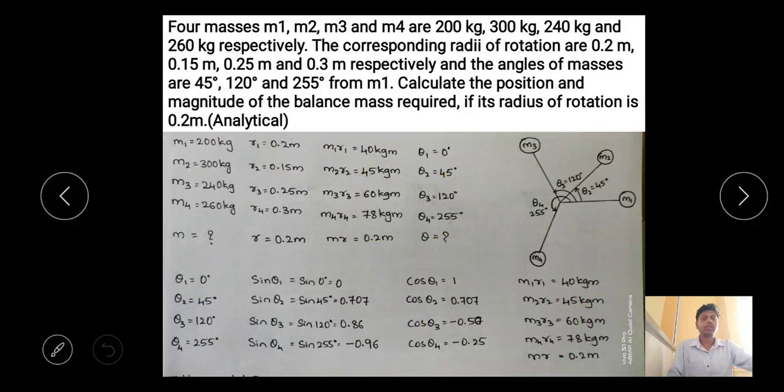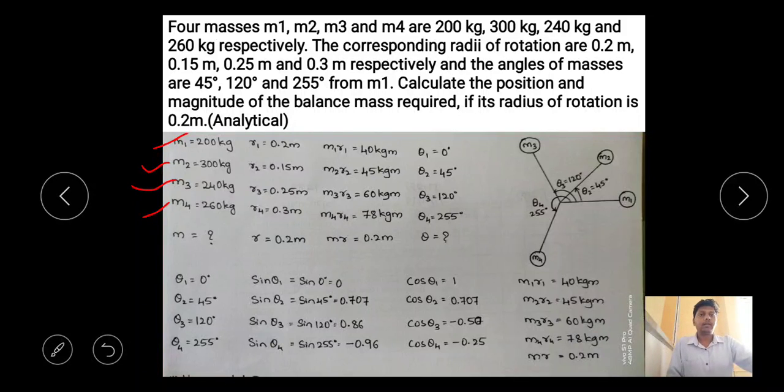Okay, so this is the problem. There are four masses m1, m2, m3 and m4, which are 200 kg, 300 kg, 240 kg and 260 kg. So m1 is 200 kg, m2 is 300, m3 is 240 and m4 is 260 kg.